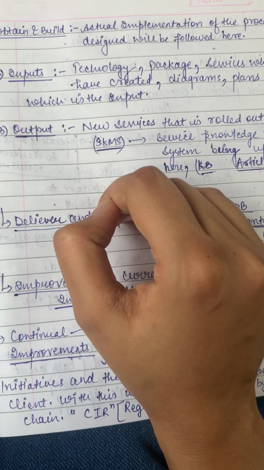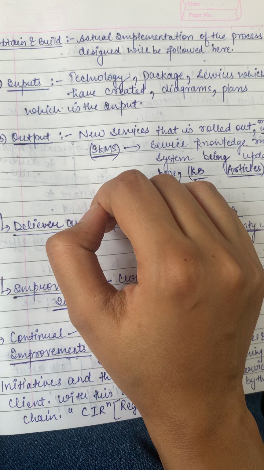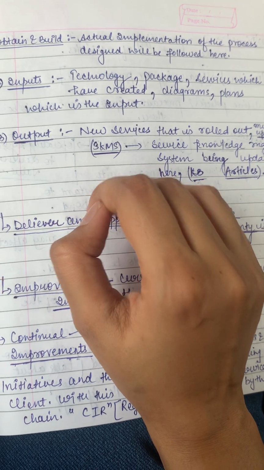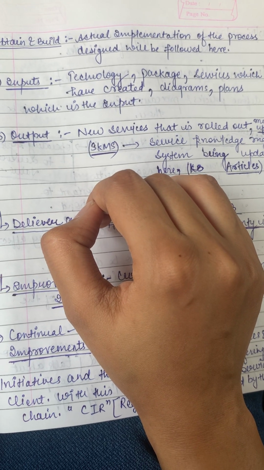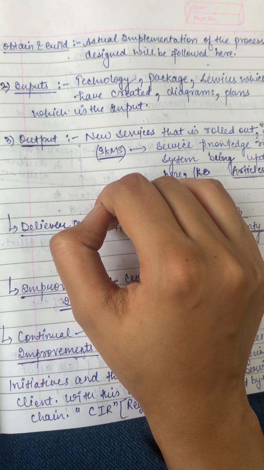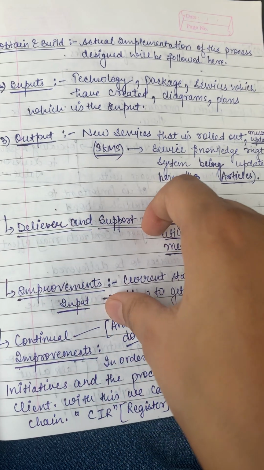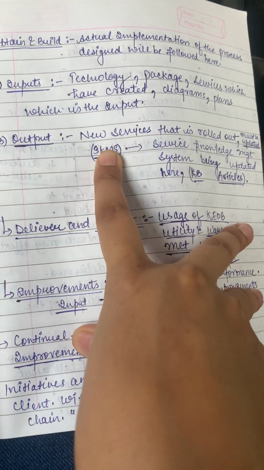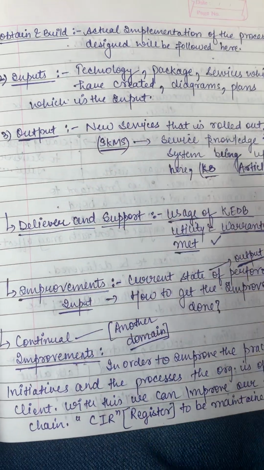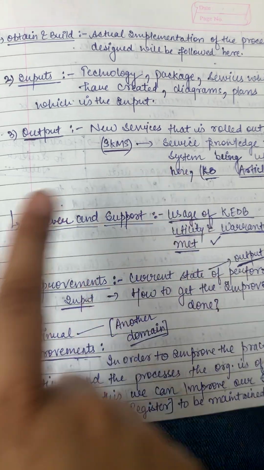Suppose there are incidents, right? You have to refer to those KB articles to know that, yes, this is a repetitive event, and this needs to be followed and used. So the service knowledge management database needs to be updated as well.